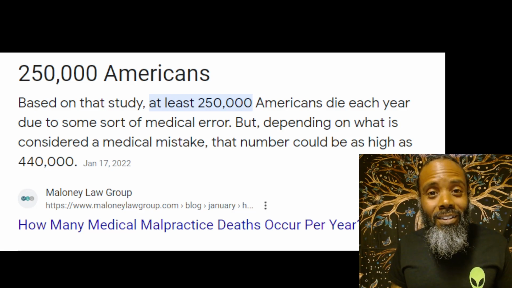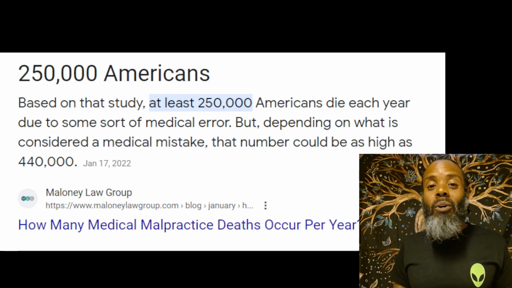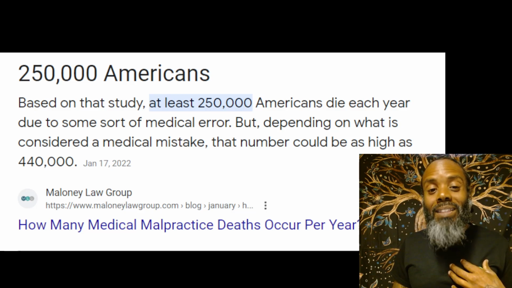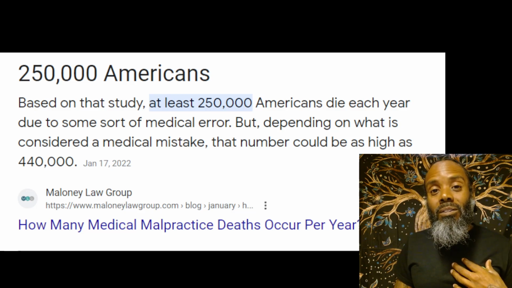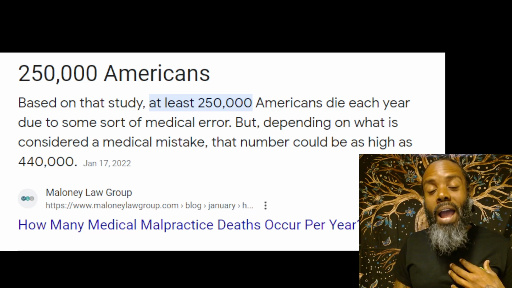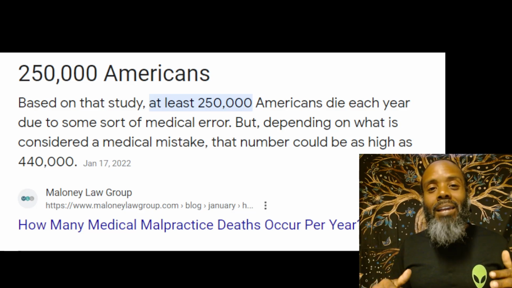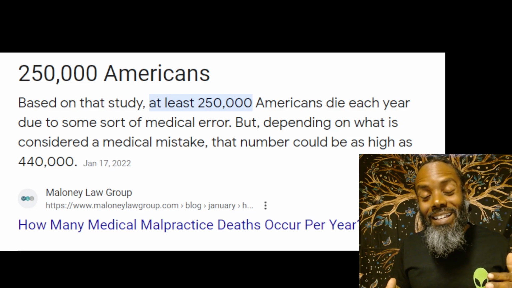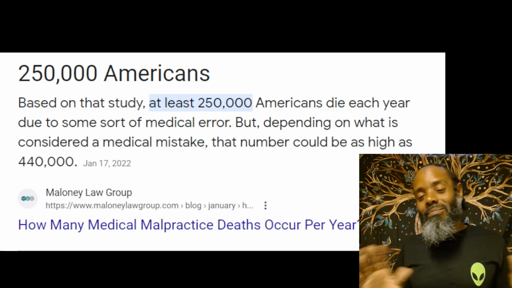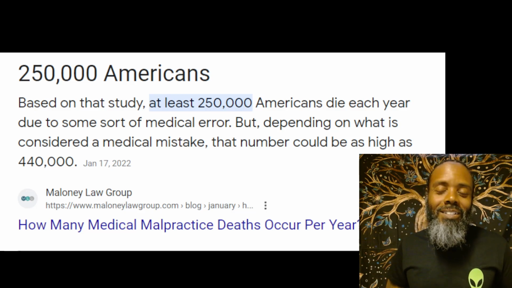Medical error is responsible, and I'm gonna go with the latter number of 440,000 deaths per year because I believe that's more accurate. See, when you start playing games talking about depending on what is considered a medical mistake, I don't buy that shit.